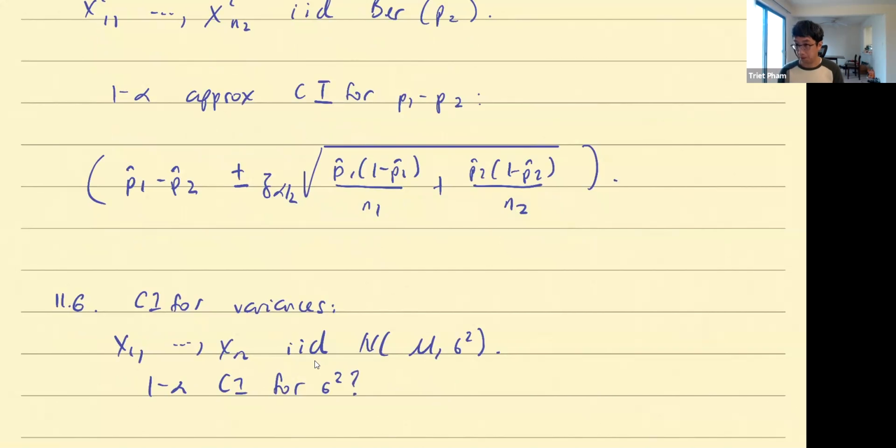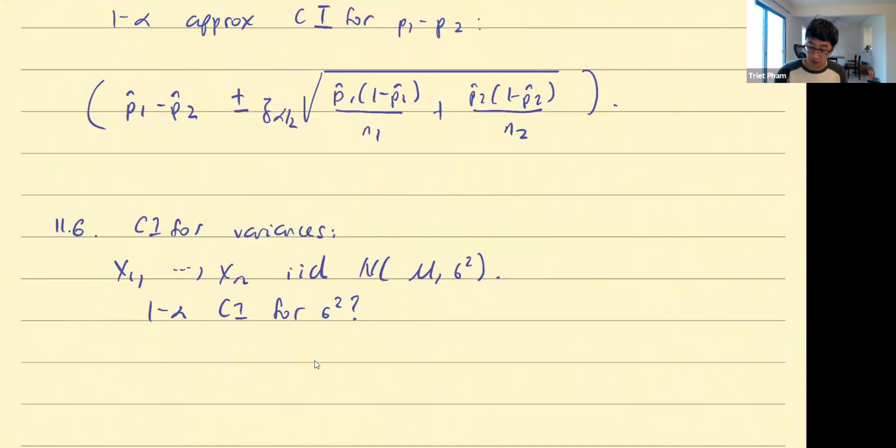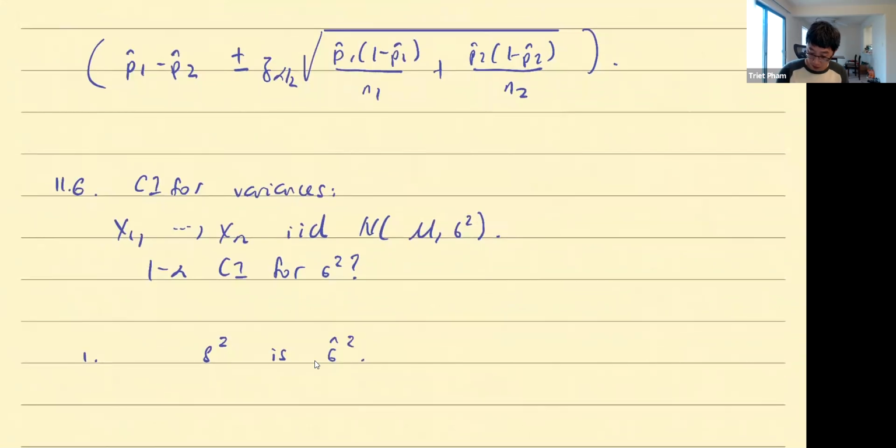Where do we start? We start with the estimator for sigma squared, which is S squared. Then we look for the normalization, which is (n minus 1) S squared over sigma squared, which is chi-square n minus 1.